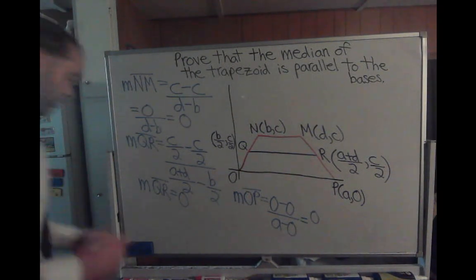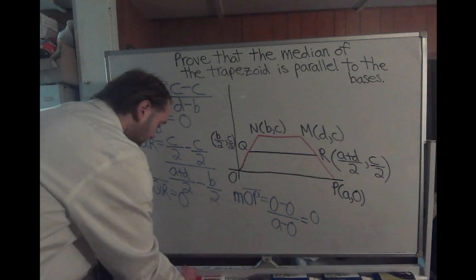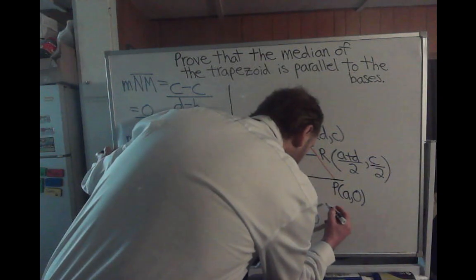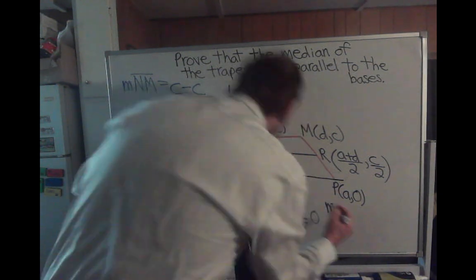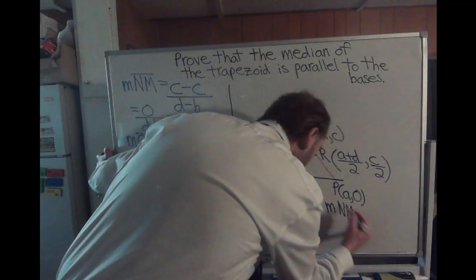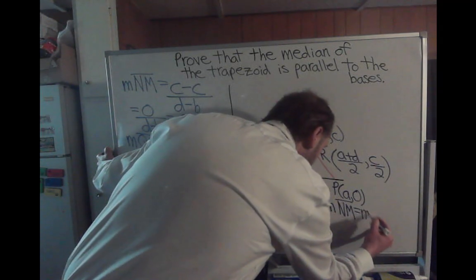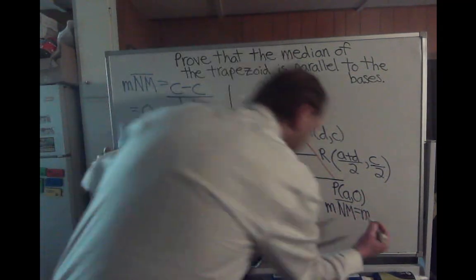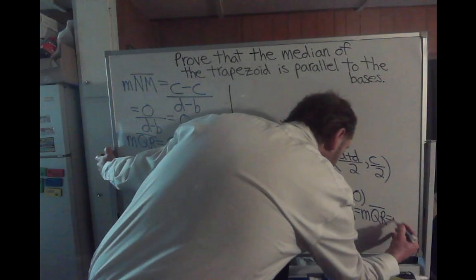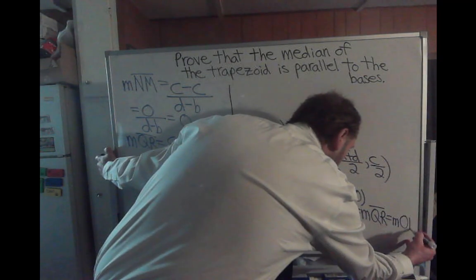So the way to word this now is that you would say the slope of NM equals the slope of QR, which equals the slope of OP.